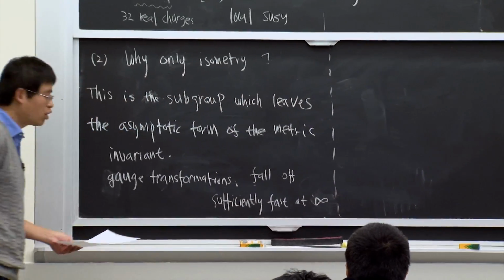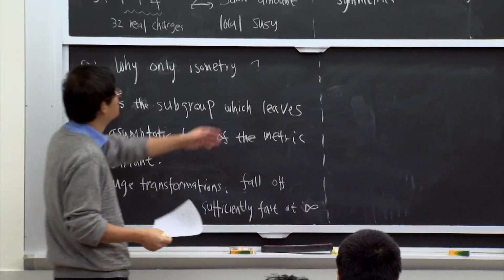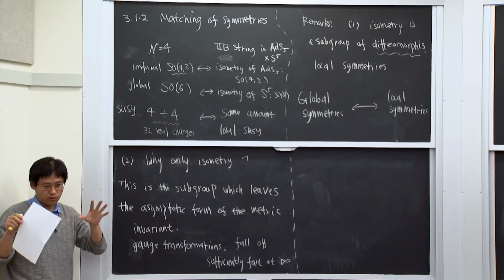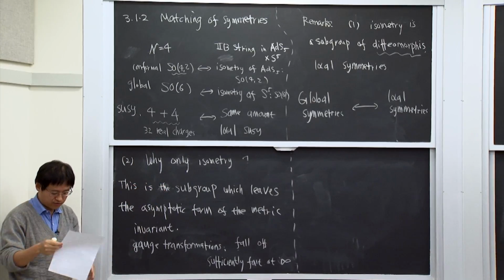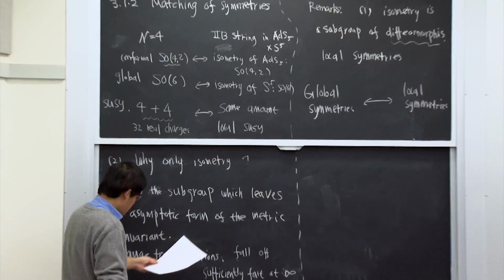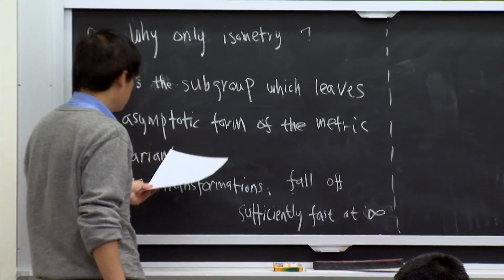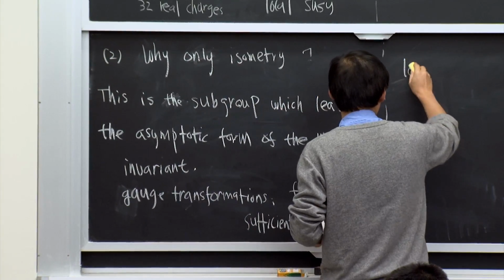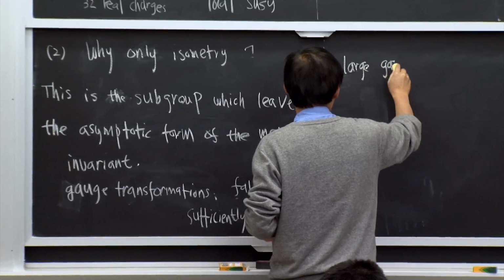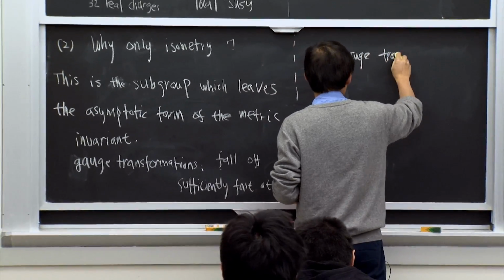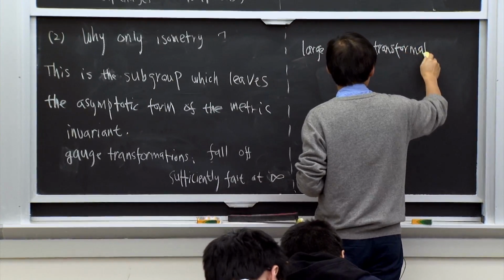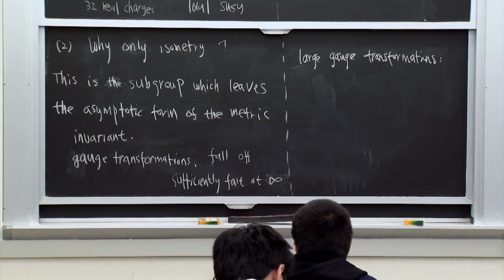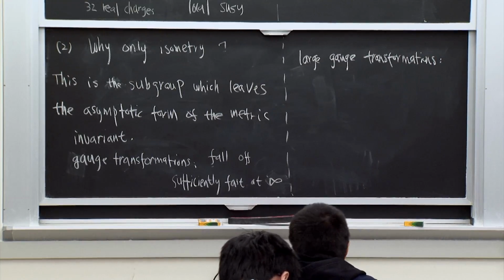So when we talk about typical diffeomorphisms, these are transformations where we assume they go to 1 at infinity. And these isometries, which leave the asymptotic form of the metric invariant, are essentially the large gauge transformations. The so-called large transformations are those that don't go to the identity at infinity.